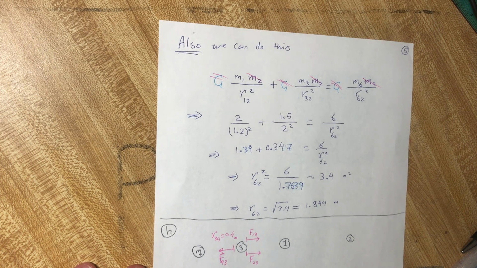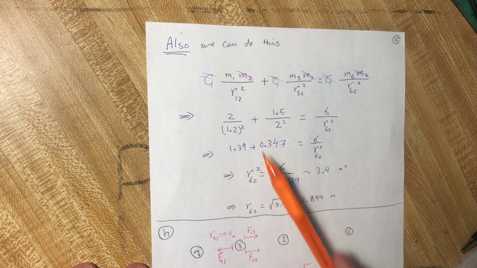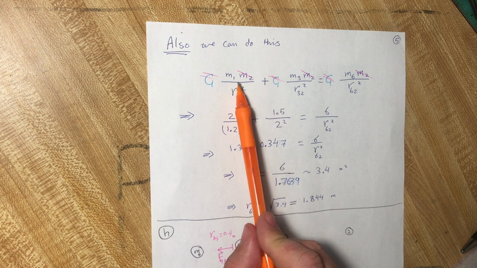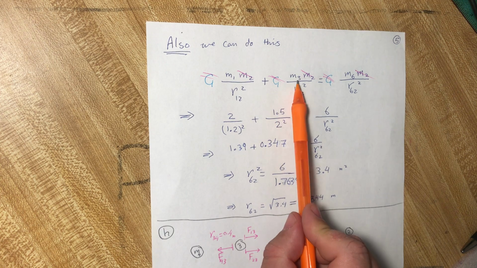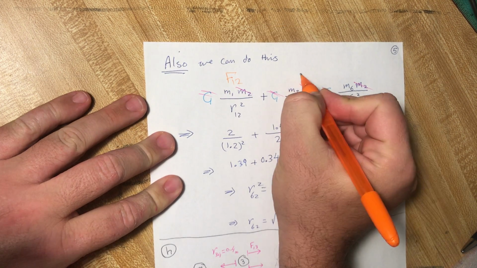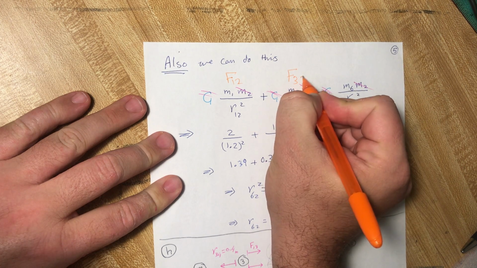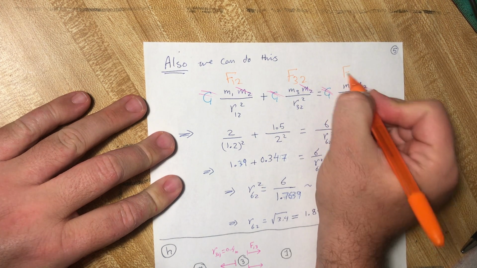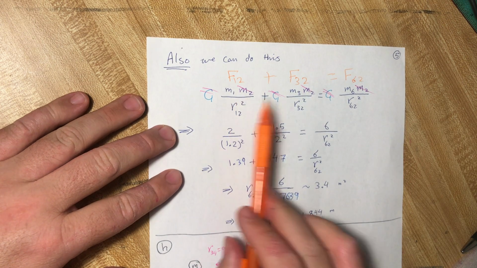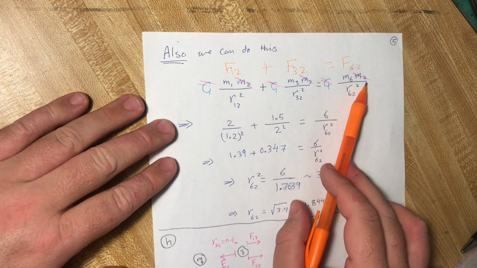Now also we can do this process. The forces from the first and the third object. This is F12. This is F32. This is F62.